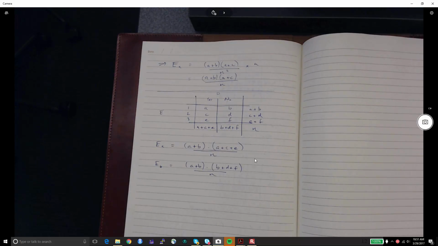Not directly. We're going to calculate a test statistic. So what did the test statistic look like? What did the test statistic measure? It measured the difference between the observed entries and the expected entries, and more specifically, the squared difference, right?